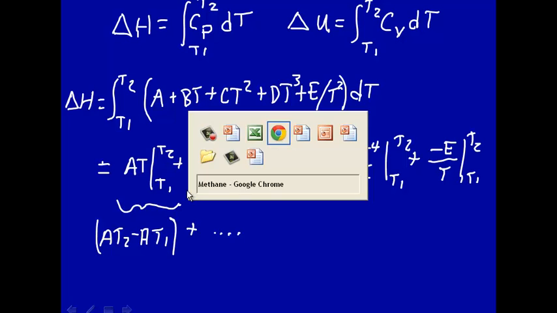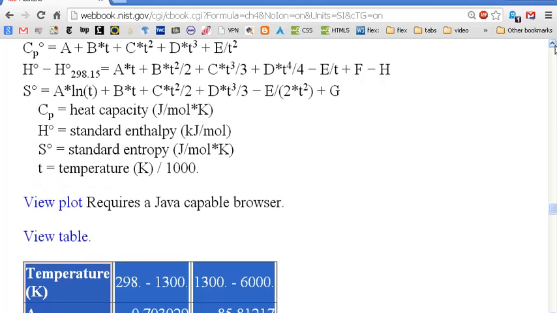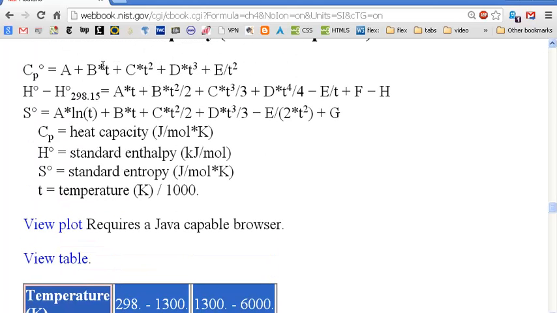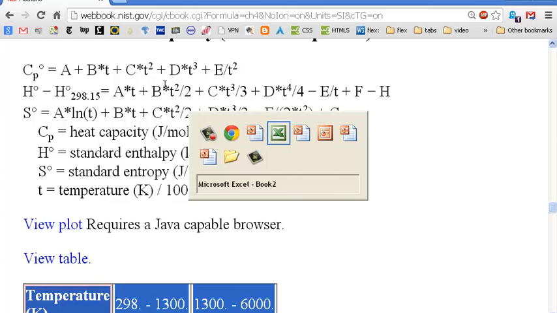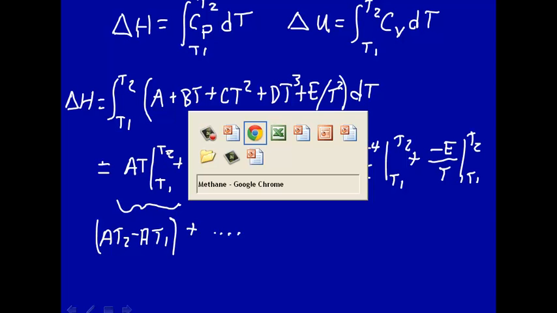Let's go back to that web page and go back up here. Look, T in this equation here, those T's are temperature in Kelvin divided by 1,000. Now, why would they divide by 1,000? I don't know. These are government scientists. Who knows what they're doing? But it looks like the temperatures in this expression, and therefore the temperatures in this expression here, have to be Kelvin divided by 1,000.